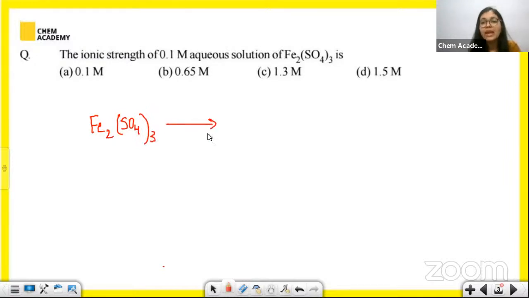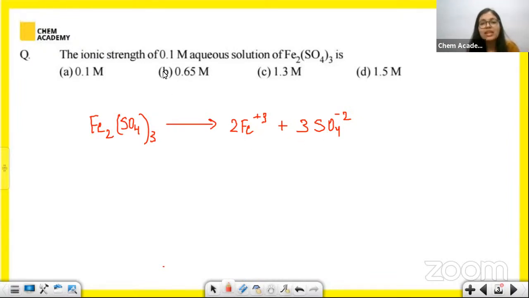It is going to break down into twice Fe3+ and thrice SO4 2-.